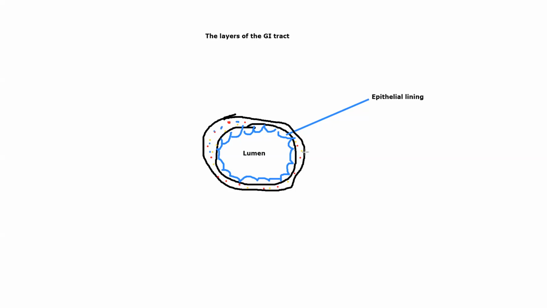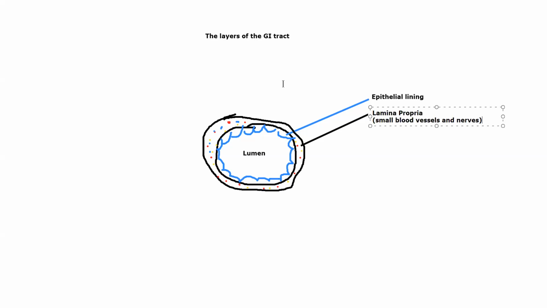All right, and this is the lamina propria. In brackets here, I'm going to put small blood vessels and nerves. All right, so that's our second part of the mucosa.